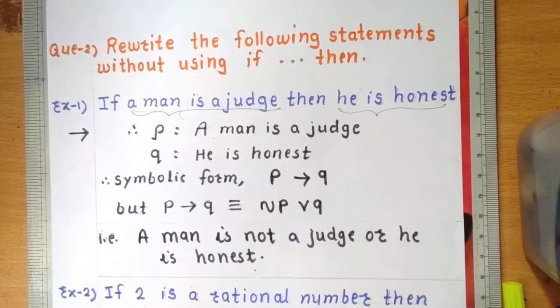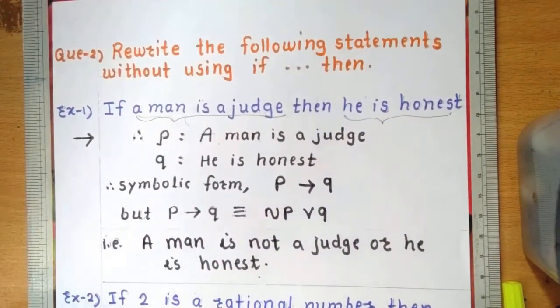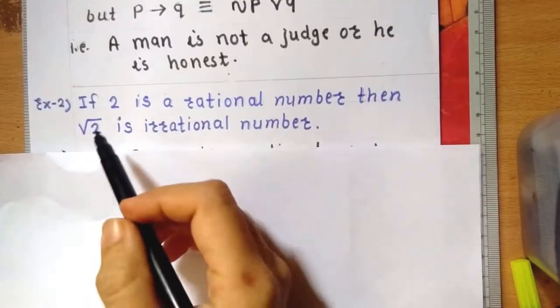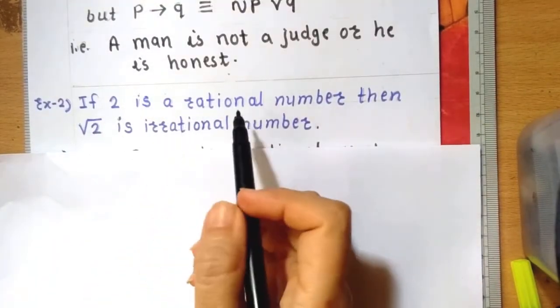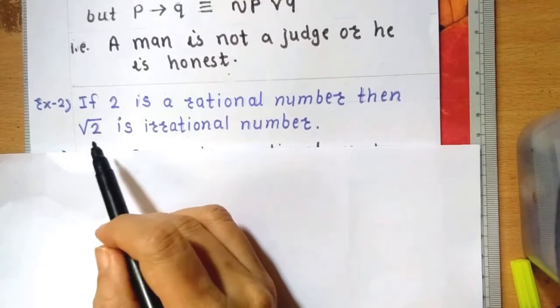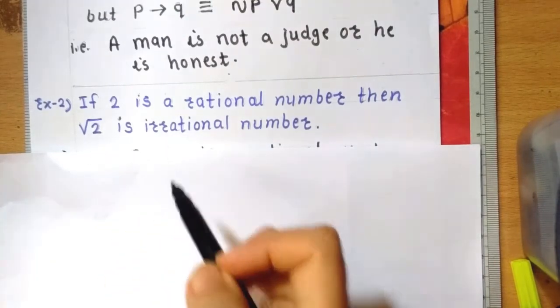In the same way we will solve the second example: if 2 is a rational number, then root 2 is an irrational number.